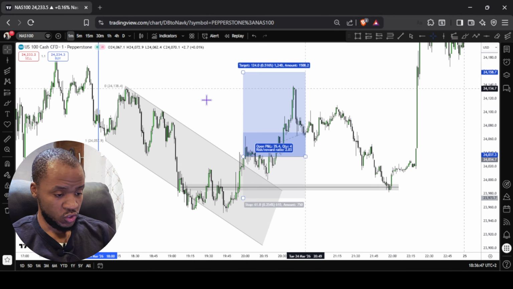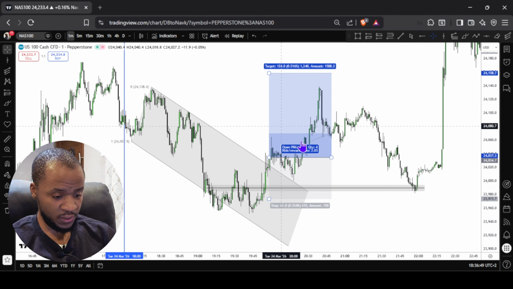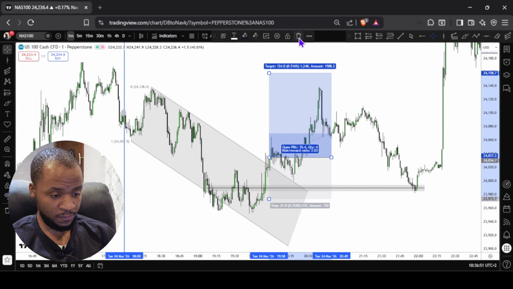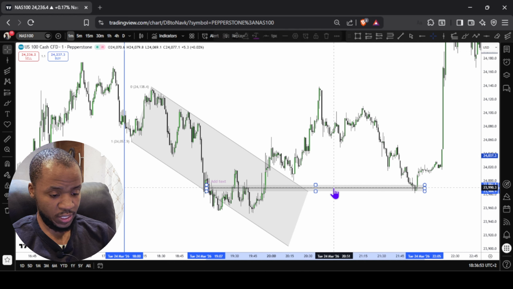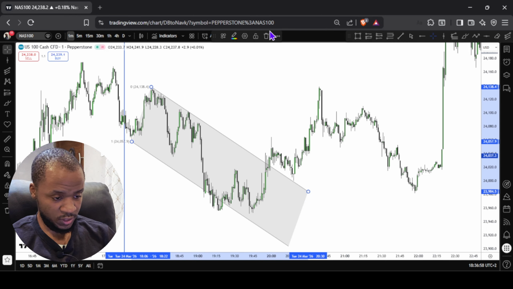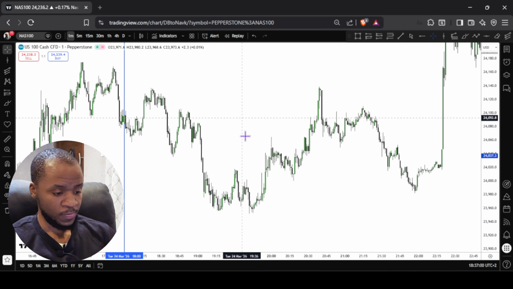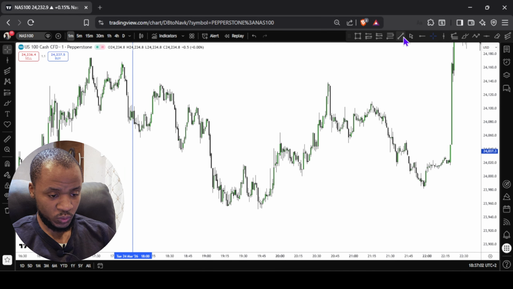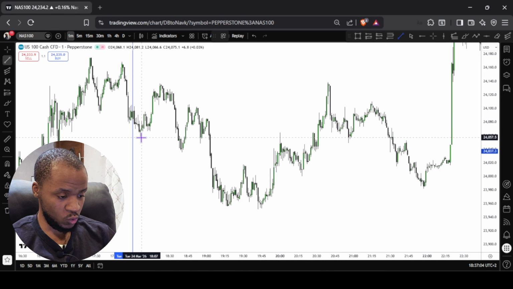All right, so as you can see right now on my screen, let me remove this risk and reward ratio, and let me actually start from scratch so that you can see it. The first key thing that I do, I always use a trend line like this.